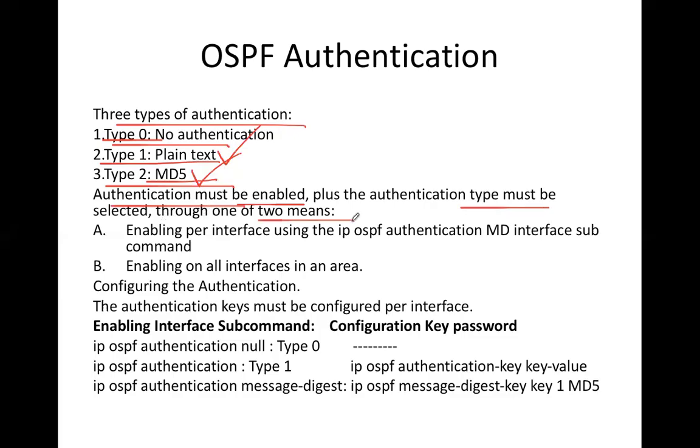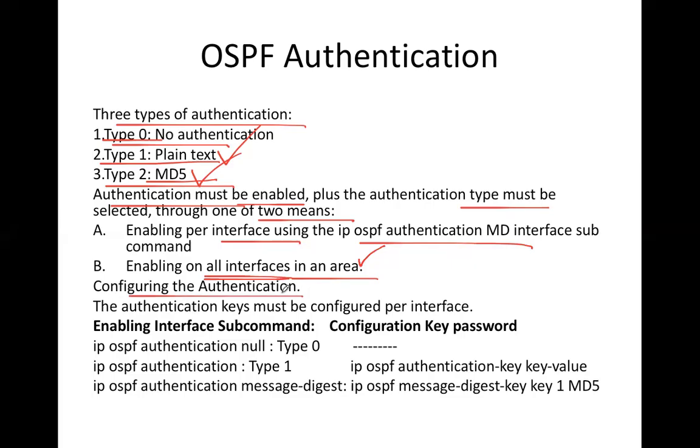So to enable the authentication, you can enable it for interfaces using the IP OSPF authentication command, or you can also enable it area-wise. So if you are enabling under the area, authentication will be enabled on all the interfaces, right?